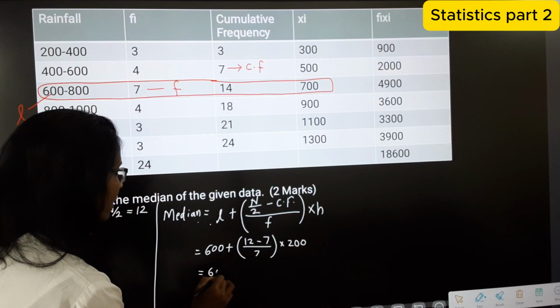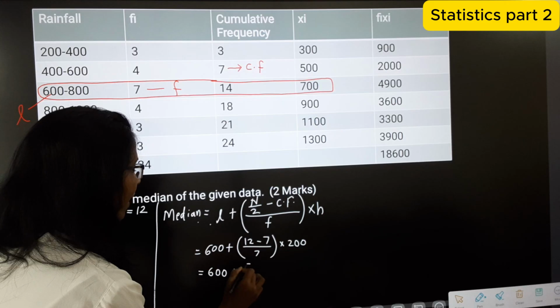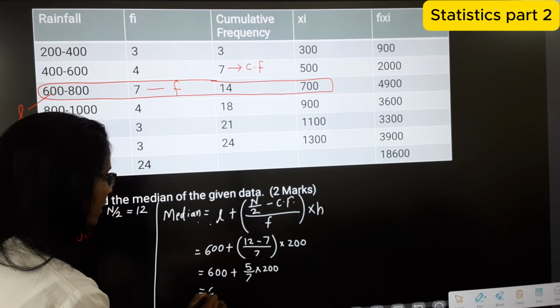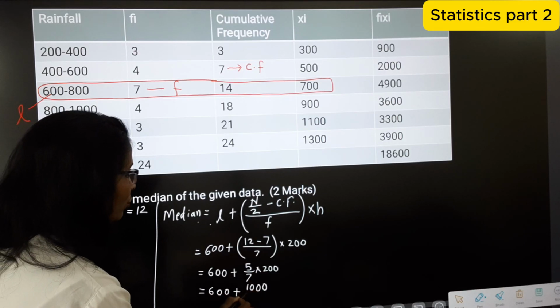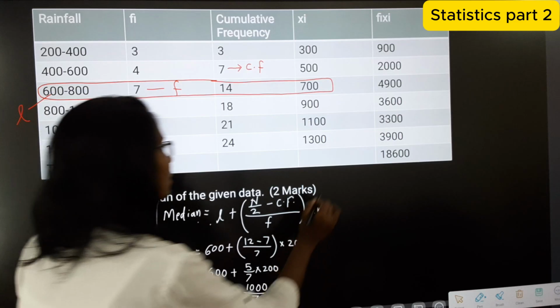So 600 plus 5 upon 7 multiplied by 200, that is 600 plus 1000 upon 7.